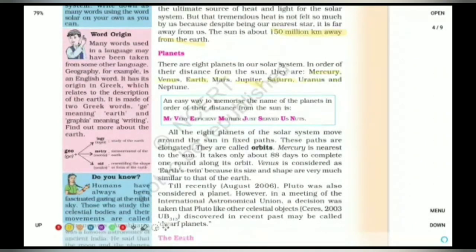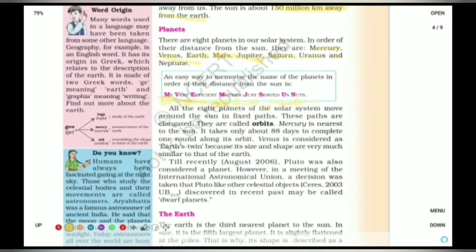Okay, so to memorize these 8 planets easily, we have a shortcut. My Very Efficient Mother Just Served Us Nuts. M means Mercury, V means Venus, E means Earth, M means Mars, J means Jupiter, S means Saturn, U means Uranus, and N means Neptune.